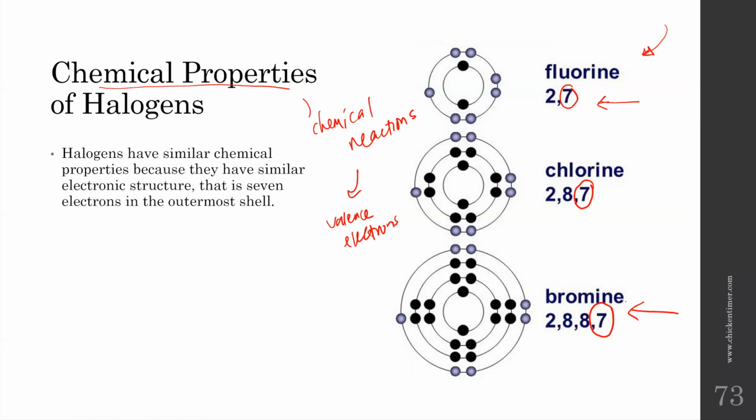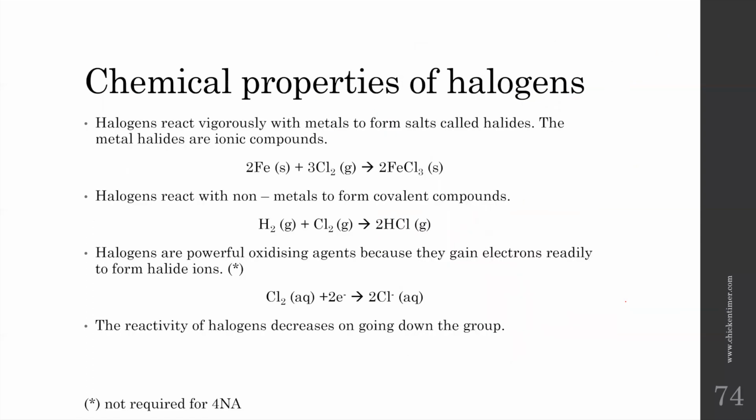Then after that, you say that because fluorine is 2,7 and bromine is 2,8,18,7, they both have 7 electrons in the valence shell. Then since chemical properties depend on the number of valence electrons, fluorine and bromine have similar chemical properties. So you write the answer in this manner. Okay, then we go into the reaction proper down here.